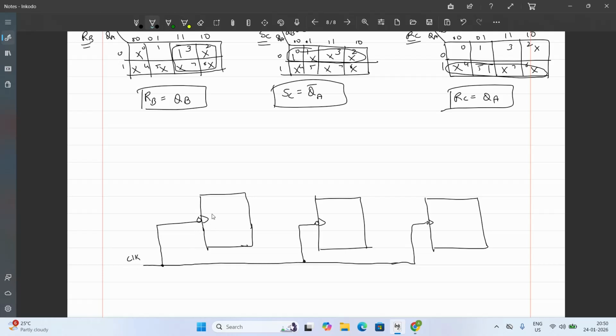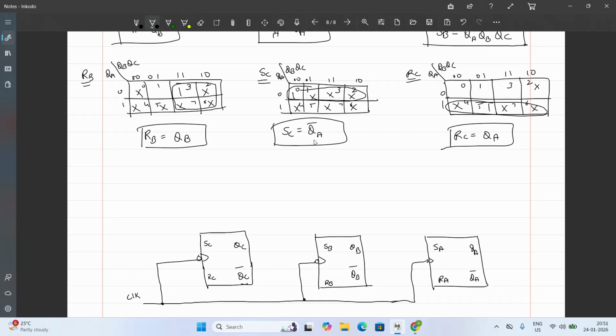Synchronous counter is going to do a count. All the clocks are shorted and given to a common input. This is SC, RC, SB, RB, SA, and RA. Then you have outputs QA, QA bar, QB, QB bar, QC, QC bar.